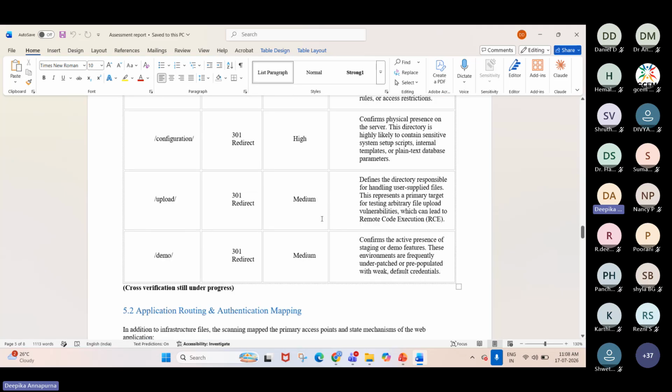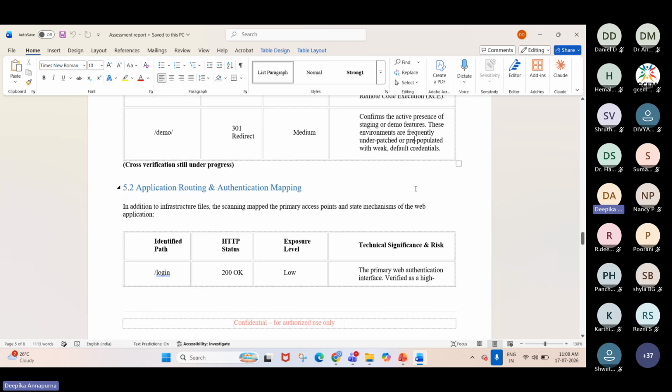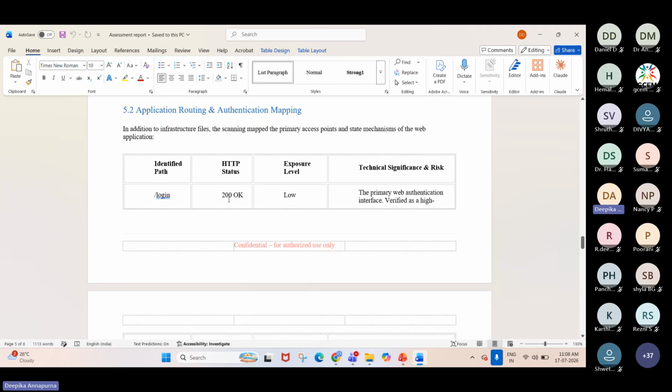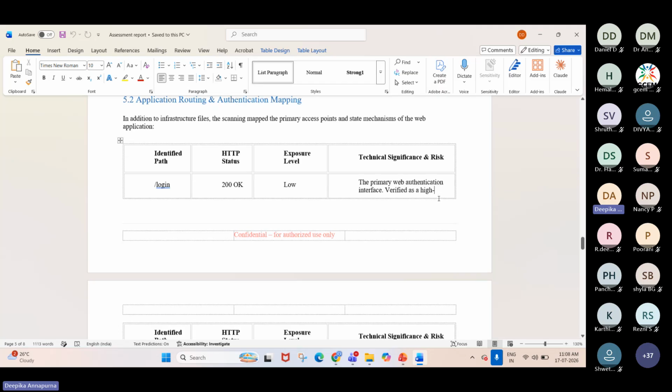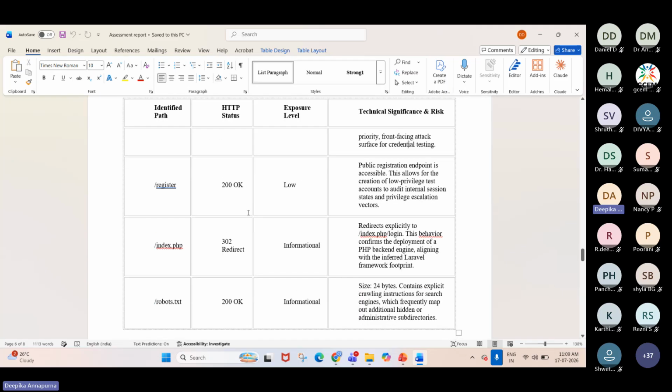This is upload, medium. And the demo also confirms the active presence of staging and demo features. So during login, what happened? The primary web authentication interface was verified as high priority. As the password is showing directly, this is shown as high priority.